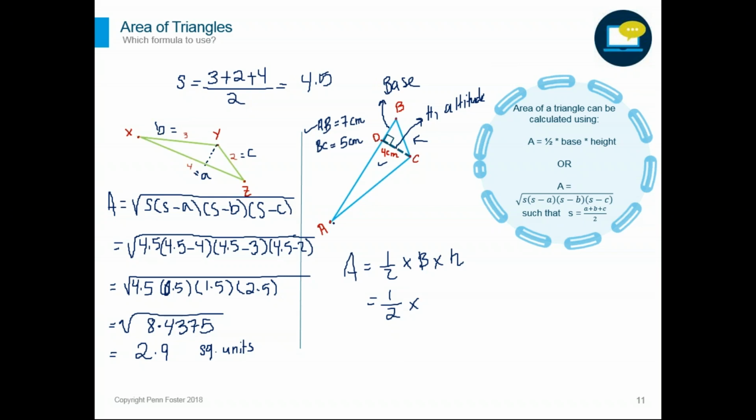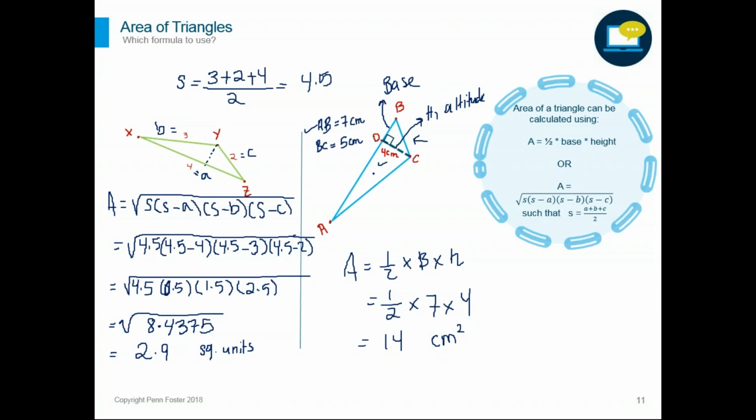So BA is the base, which is 7 centimeters. The height is 4. You can use a calculator or you can do mental math. Half of 4 is 2. 2 times 7 would give you 14, and the units would be centimeters squared. This is the area of the blue triangle given here.